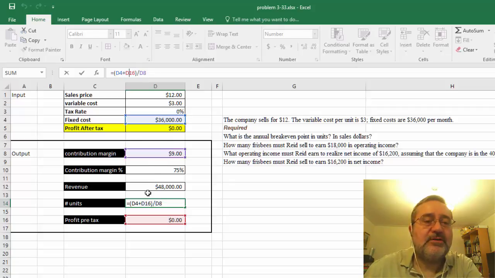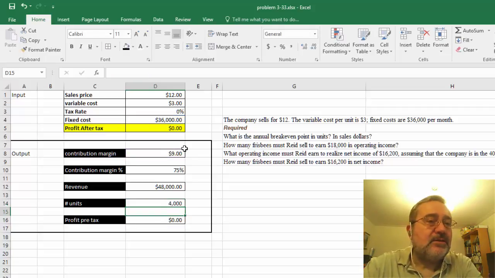So what you see here is D4, which is our fixed cost, plus D16, which is our pre-tax profit, divided by the contribution margin, which in this case is $9.